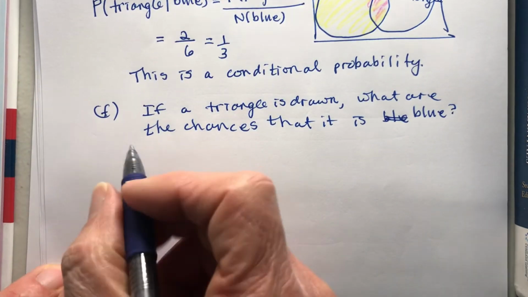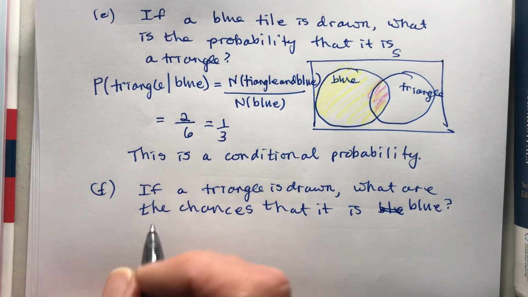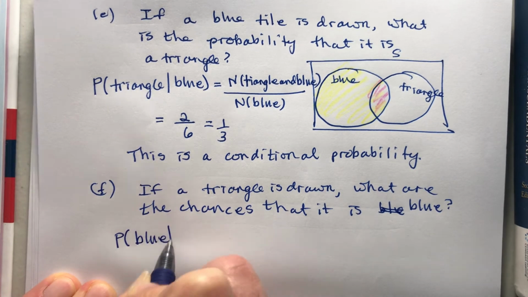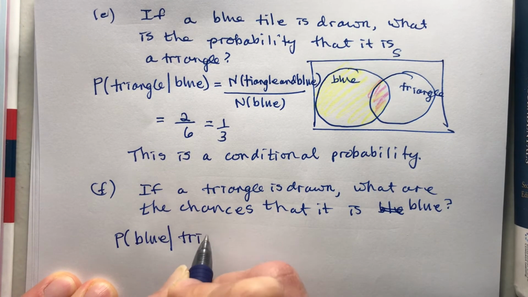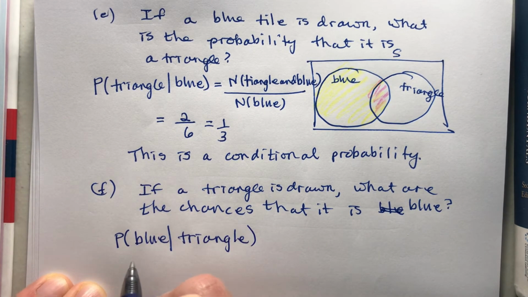So we're trying to find the probability that we get a blue given that it's a triangle. So that again is a conditional probability.